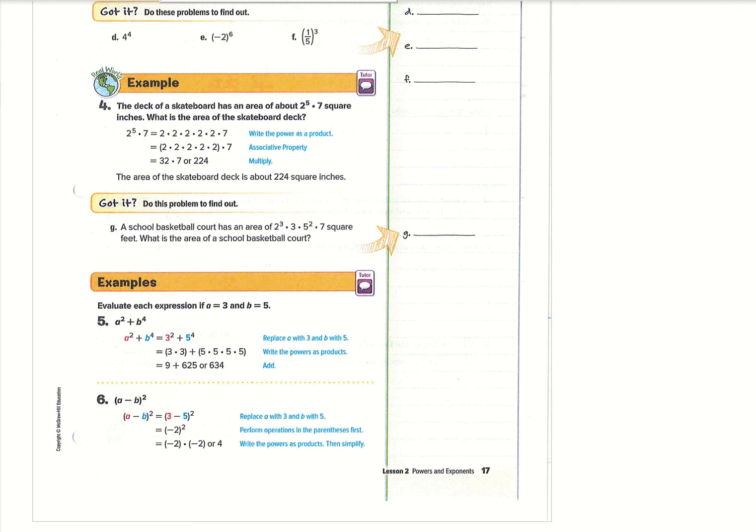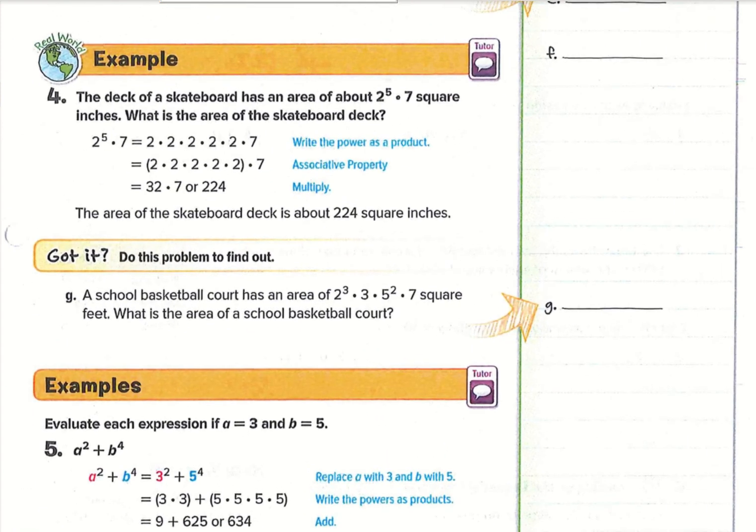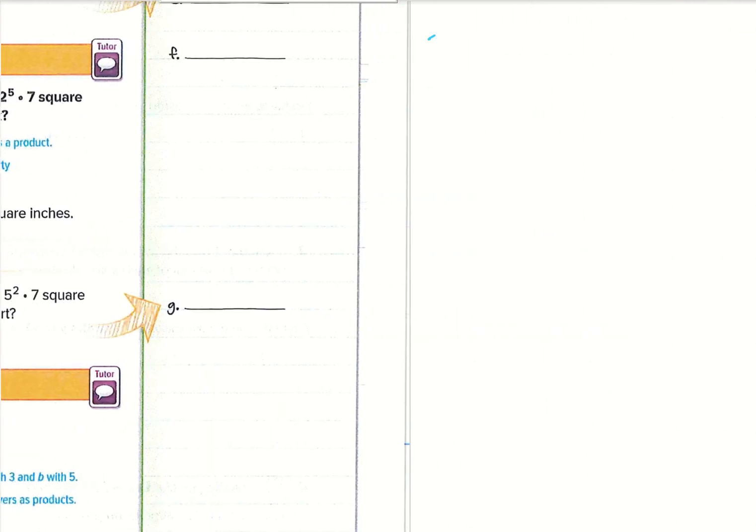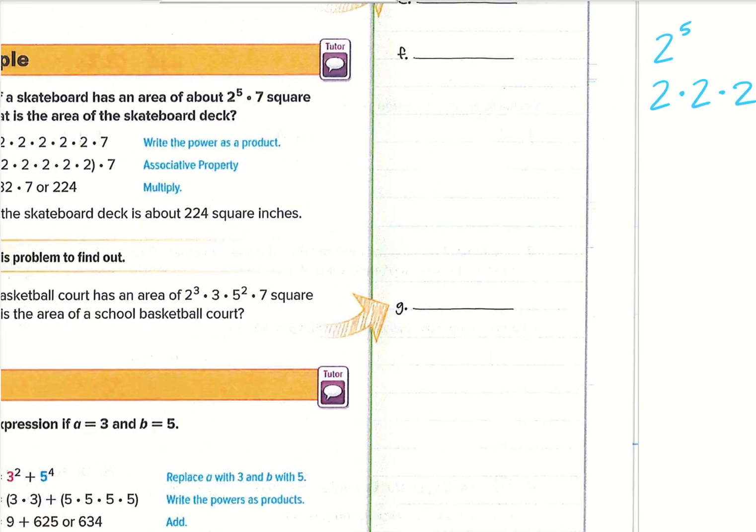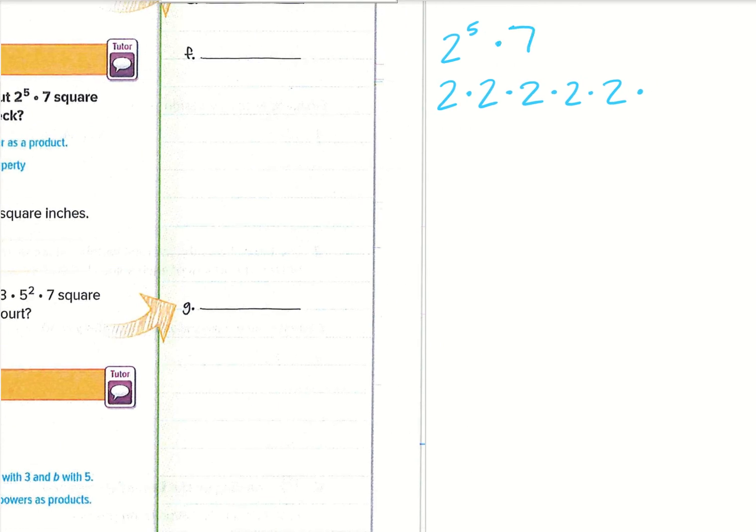Okay. But we are going to look real quickly at example number 4, which says the deck of a skateboard has an area of about 2 to the 5th times 7 square inches. What is the area of the skateboard deck? Okay, so 2 to the 5th, just remember, that just means 2 multiplied 5 times. So there's 3, 4, 5, and then it also said times 7.